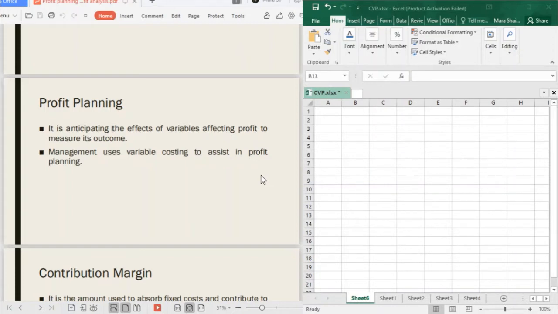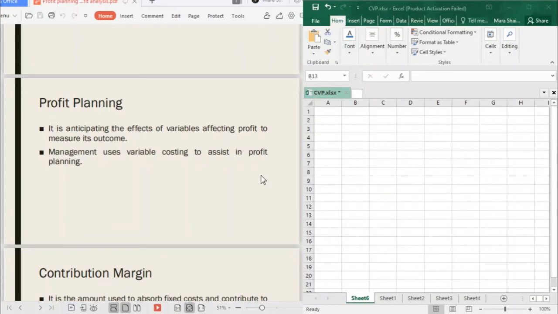However, your fixed cost per unit is what changes as the volume of your production changes. So again, your total fixed cost remains constant regardless of changes in production or changes in sales, while your fixed cost per unit changes in direct relationship to your production level or your sales level.